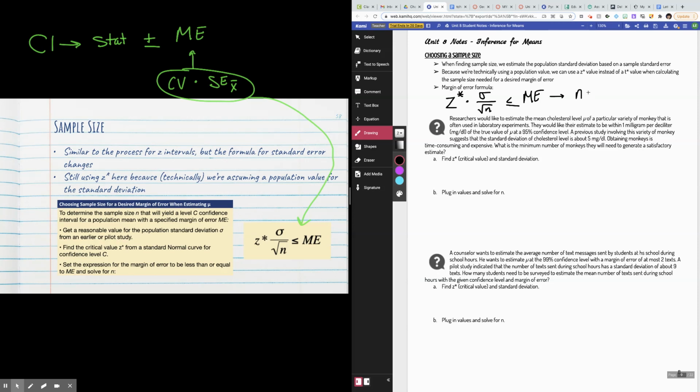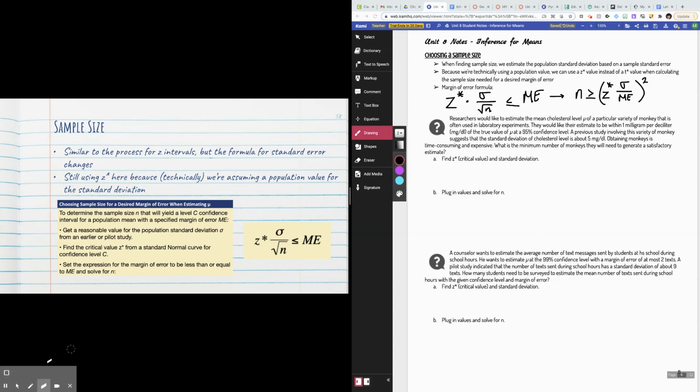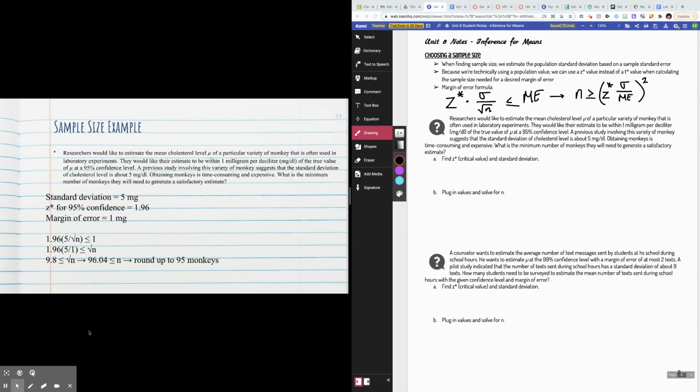Okay, so doing that little bit of algebra gives you this, that n has to be greater than or equal to Z star times the standard deviation divided by the margin of error, and all of that has to be squared. I realize this does not look like a Z at all. Let's write that again. Okay, so let me clear my screen real quick, and let's look at an example.